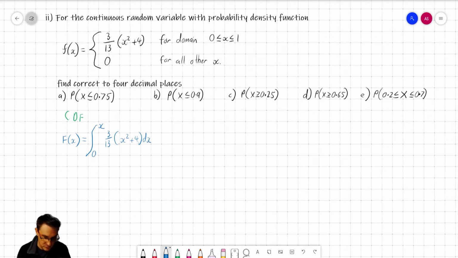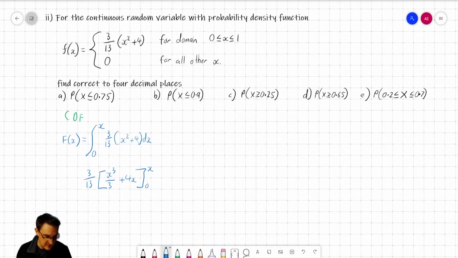As we work through this, I'm going to factorize out that fractional part, but I'm also going to integrate it fairly quickly. So what we end up with is x to the power 3 over 3 plus 4x, and we're going to keep our boundaries of 0 and x.